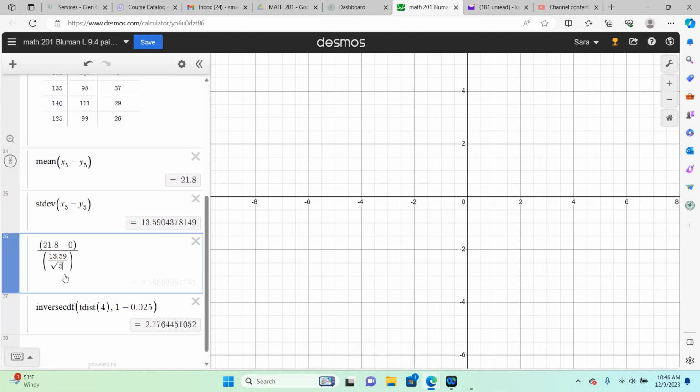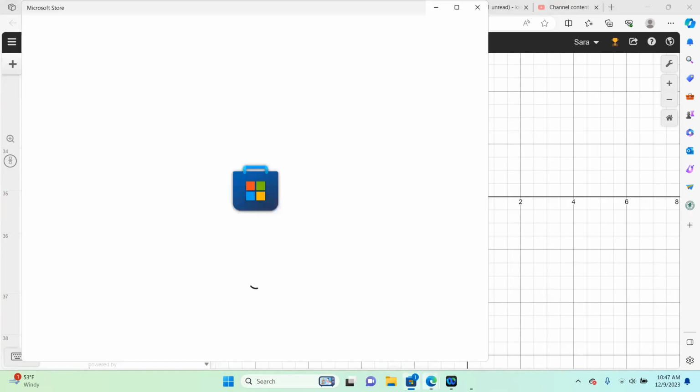That's supposed to be 5. The correct test statistic is 3.58. I mistyped there. So make sure you divide by n. Degrees of freedom is n-1, but you're dividing by n. Okay, I had to check my eyes there for a minute.